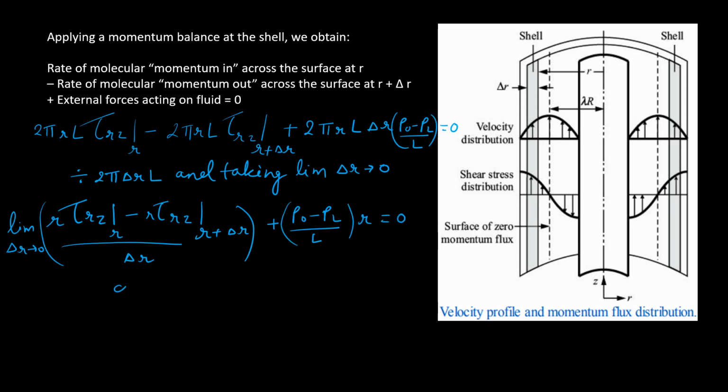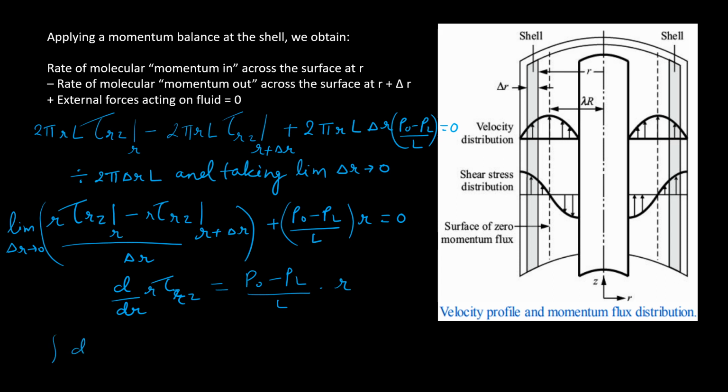So what I got here is d/dr (r τrz) equals (P0 minus PL)/L times r.